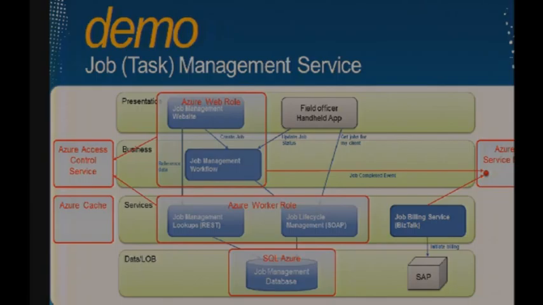And we also discussed the transient fault handling framework for connecting to Azure Cache, for connecting to a SQL Azure database, and exactly the same pattern and functionality applies to Azure Storage. I'll explain a little bit later on what those transient faults are and why they are in the platform as well.